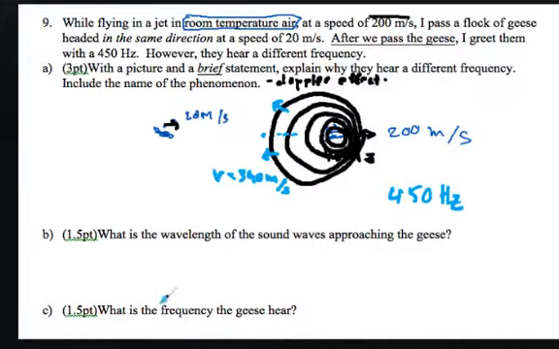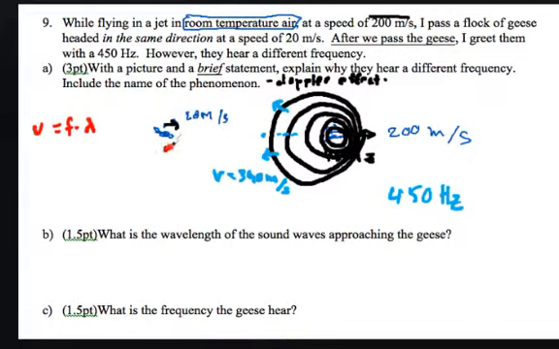Okay, so let's just remind ourselves what the frequency is that we hear. We know the velocity equals the frequency times the wavelength, and when you hear sound, the frequency that you hear is the frequency at which you hit each one of these wave fronts.